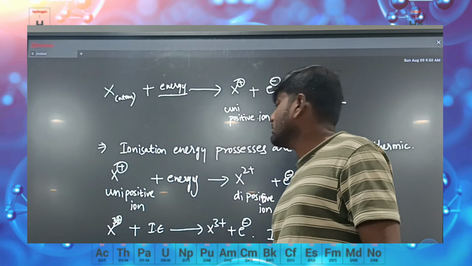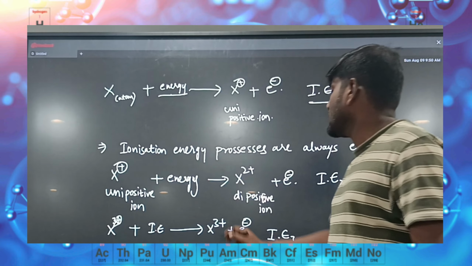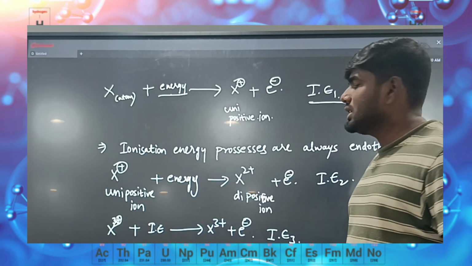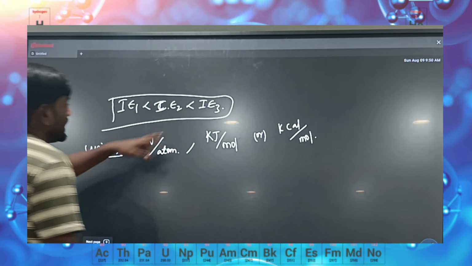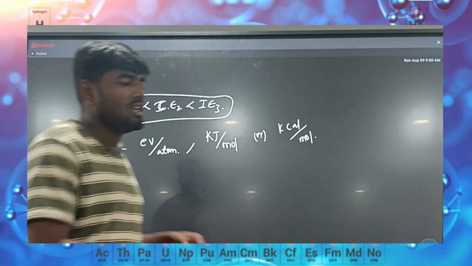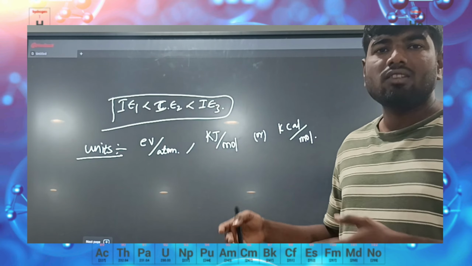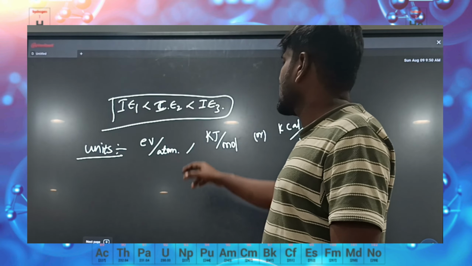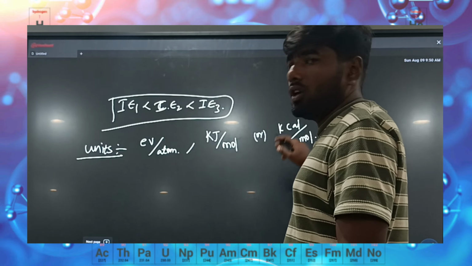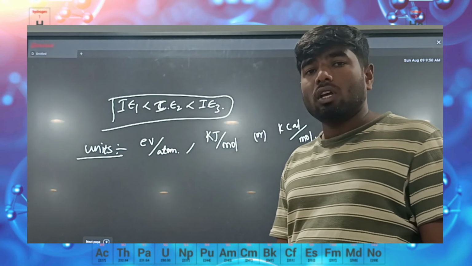If you remove from dipositive ion, that is IE3. So in these three, IE1 is less than IE2 is less than IE3. IE3 is maximum, because more energy is needed to remove the third electron. Units of these are electron volts per atom, kilojoules per mole, and kilocalories per mole also.